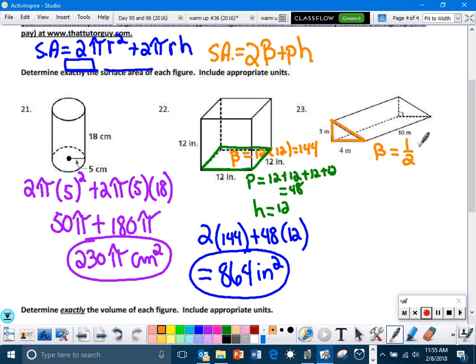Half of the base is 4, times the height, which is 3. Not the 10. The 10 is the height of the prism. The base height is 3. Look at it carefully. Again, it's a triangular prism. So the base area, the B, is going to be 6.